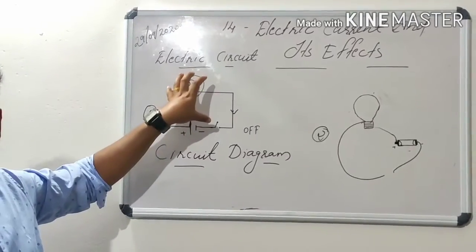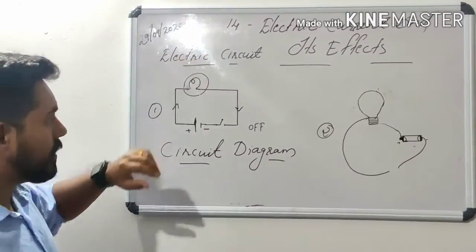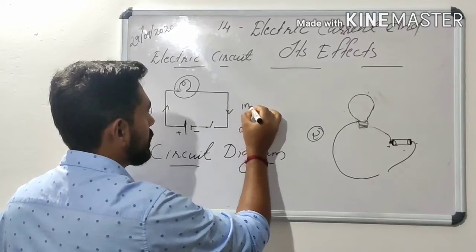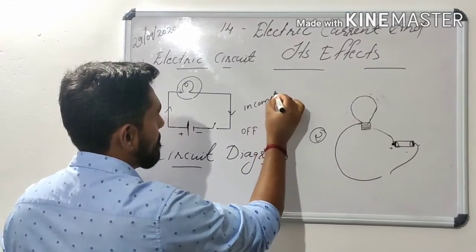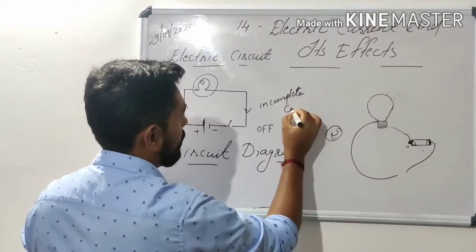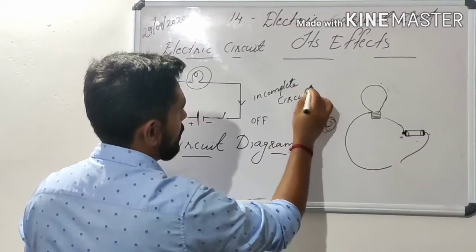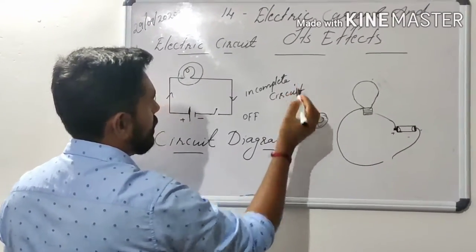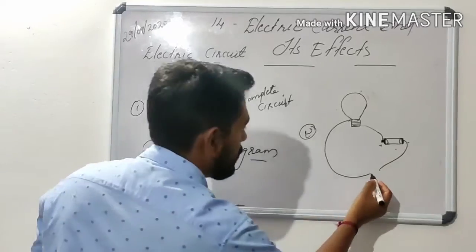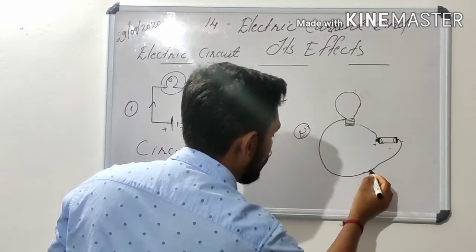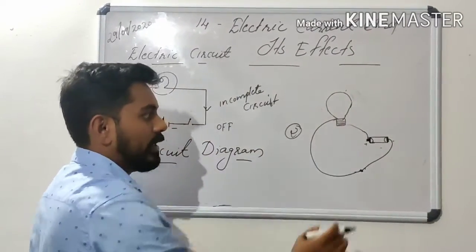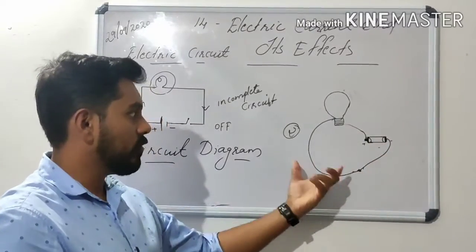That's why the bulb does not glow here. So that's why it is an incomplete circuit.